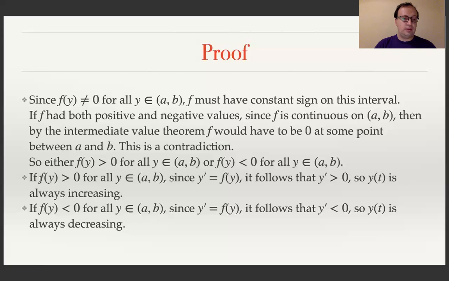If f were positive on the interval AB, then, so this means f of y is always greater than 0 for all y in the interval AB, then since y prime is equal to f of y, and since our solution only takes values in the interval AB, this means that f of y is always greater than 0 for our solution, so y prime is always greater than 0 for our solution, which means that y of t is always increasing.